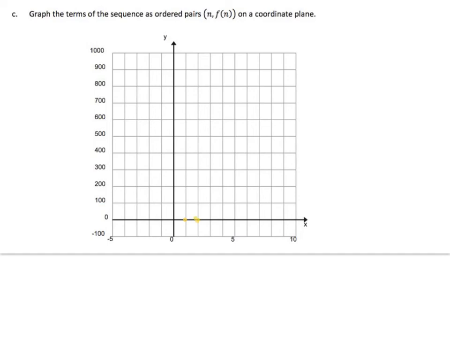Over 3, up 25. 4 was 125. 5 is bigger and bigger. Now this one we cannot say is linear, and we'll get into why in a future lesson.